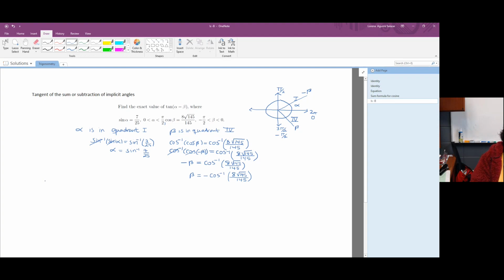The next thing we want to do is find the tangent of alpha minus beta. And we're going to substitute in what alpha and beta are. So here we have the tangent of inverse sine of 7 over 25 minus negative inverse cosine of 8 root 145 over 145.